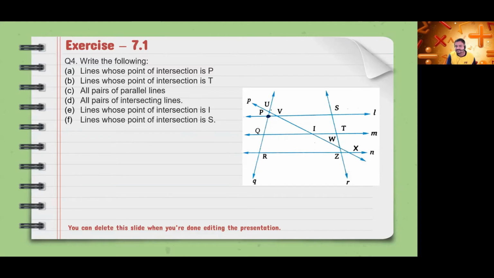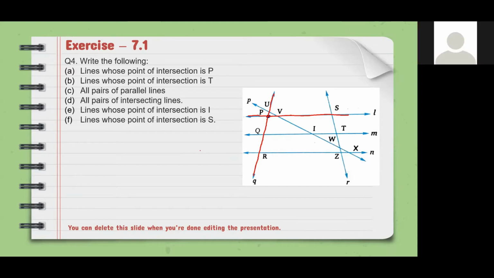See the figure. I will mark it with some different color, then it will be more clear to you. Now see this line. See here, this is the intersection point, and for this line. Okay. Is it clear to you?